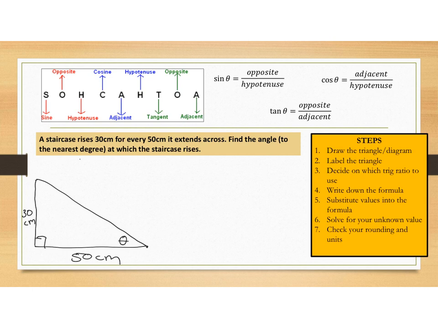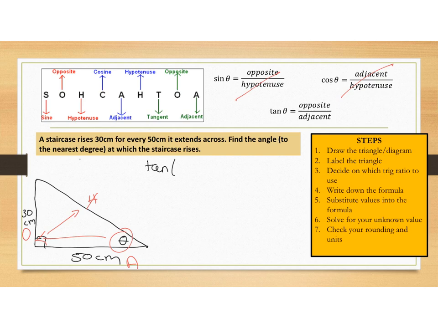Let's label our side lengths. Hypotenuse, reference angle here, opposite, adjacent. So we can get rid of those ratios again that have hypotenuse in them. Again, we're going to be working with tan.